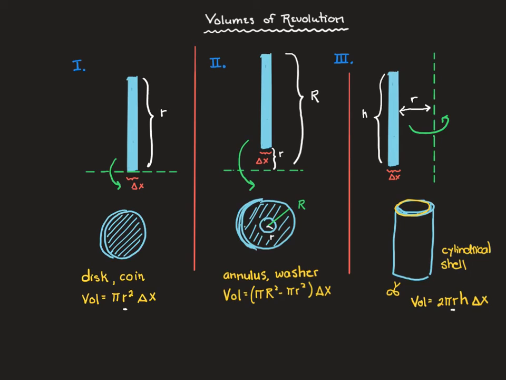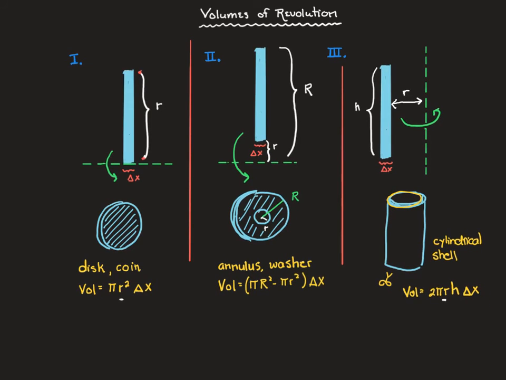So for instance, let's go back to case 1. R is a vertical distance. Vertical distance is always the top y value minus the bottom y value. Any vertical distance, let's put this down here. A vertical distance will be top y value minus bottom y value.